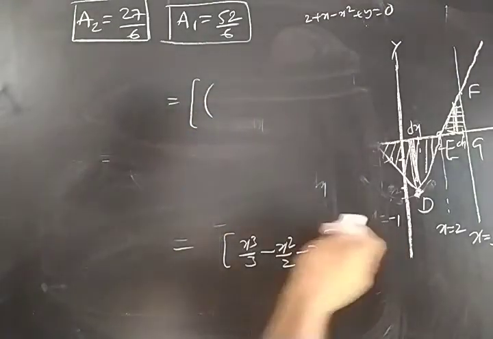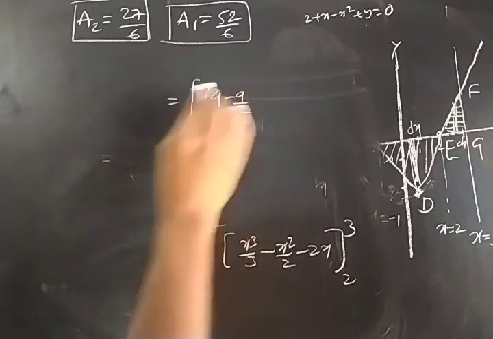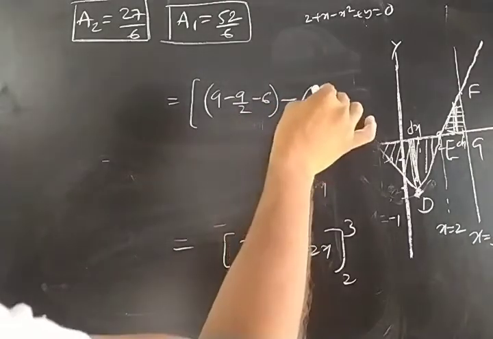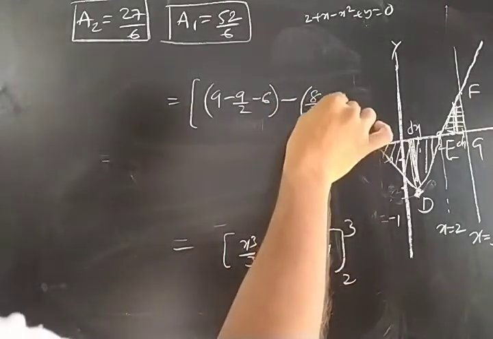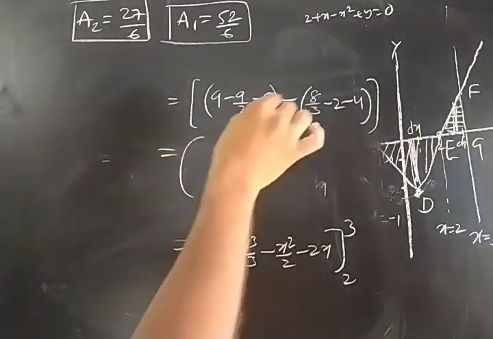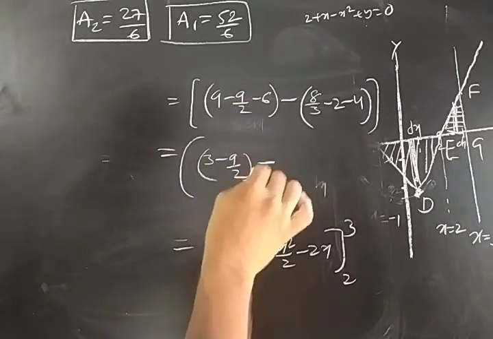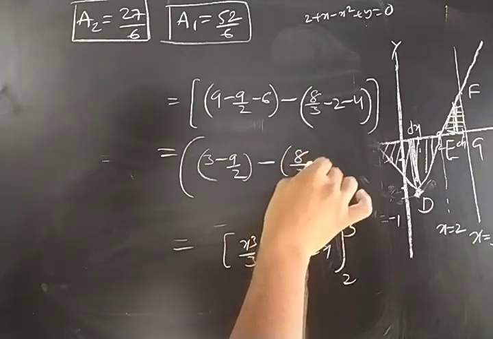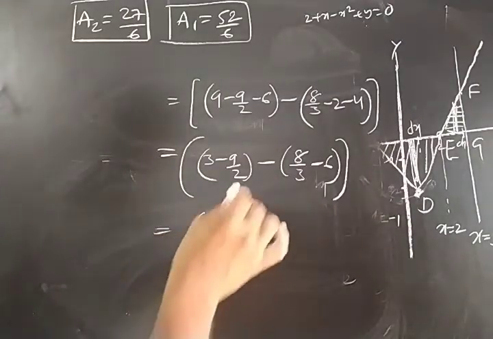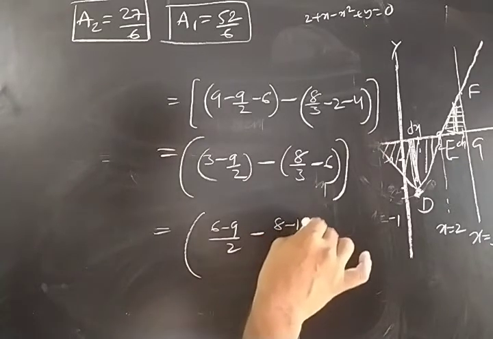So here substitute 3 cube by 3, 9, minus 9 by 2, minus 6, minus the lower limit, 8 by 3, minus 4 by 2, minus 4. 9 minus 6 is 3, minus 9 by 2, here 8 by 3 minus 6, which is 8 minus 18 by 3.